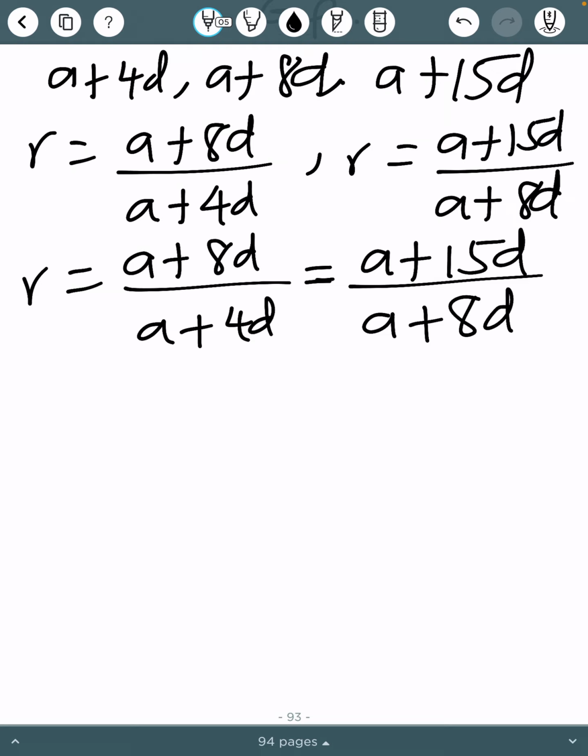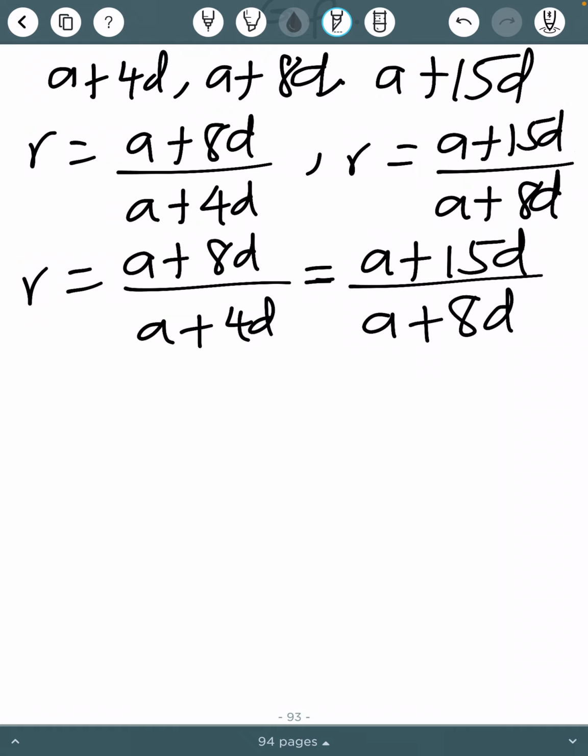So I could equate these two: a plus 8d over a plus 4d equals a plus 15d over a plus 8d. Now here I'll cross multiply.